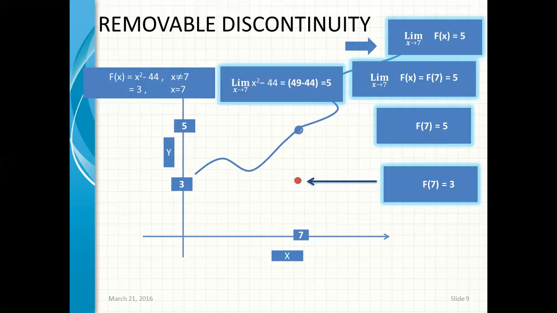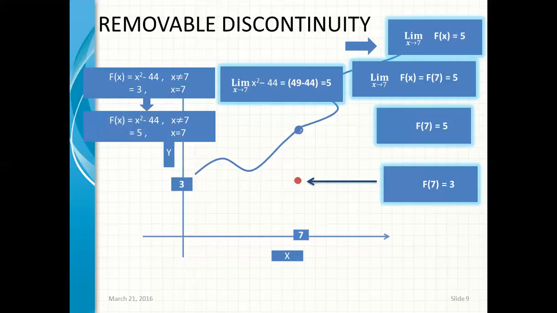Now if I alter this function like this, I make f(x) equals x square minus 44, the same thing as earlier, for x not equal to 7, and I change this to 5. So instead of 3 earlier, now I have altered the function to 5 for x equals 7.